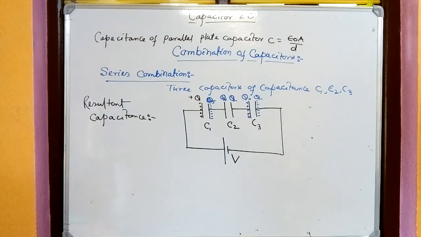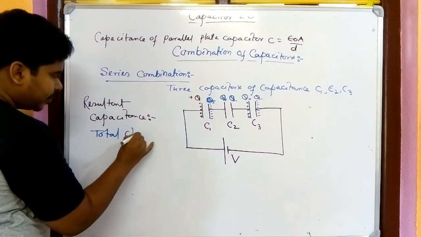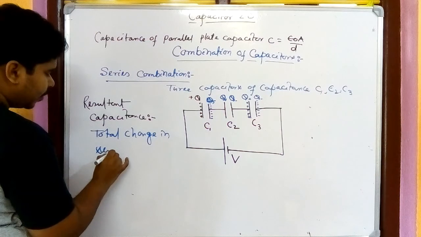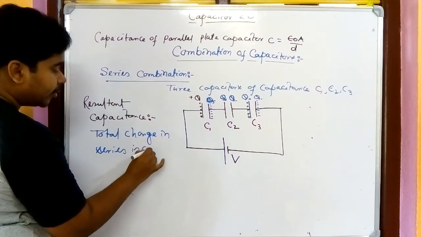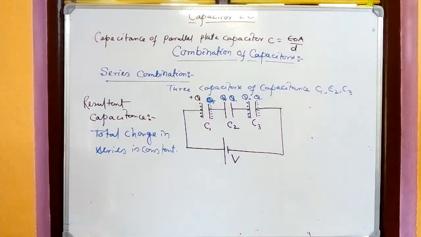From here we can say that the total charge in series is constant. Just remember, whenever we think about resistance, the total current through all the resistances connected in series is constant.